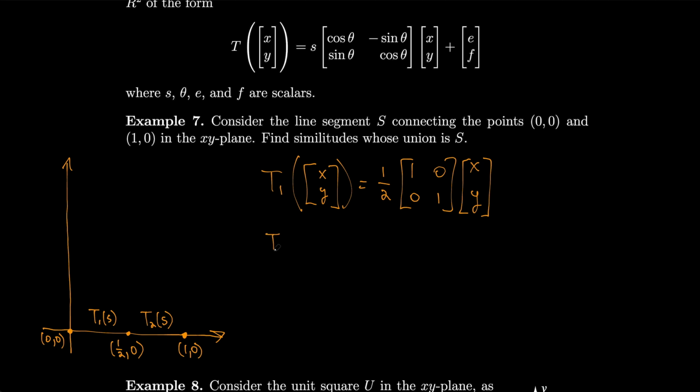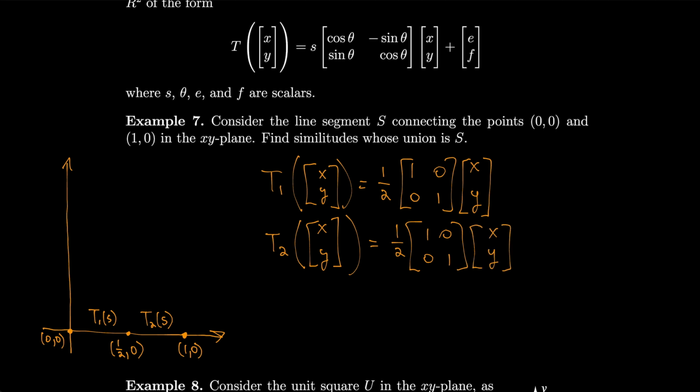Cool, so now let's do T2 of (x,y). In this case, I need to shrink it down so that the entire thing becomes T1, but then I need to move it over. I need to start over here. So I'll start by shrinking it down, half of [1, 0; 0, 1] times (x,y), and then I'll translate by adding half to the x coordinate. Together we'll get S if I take the union of these two.